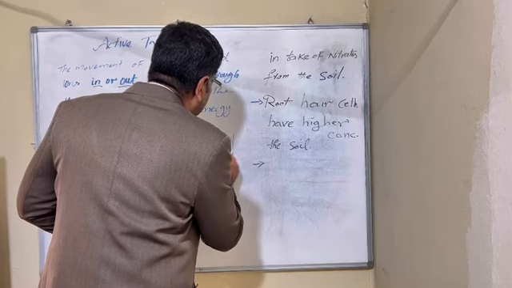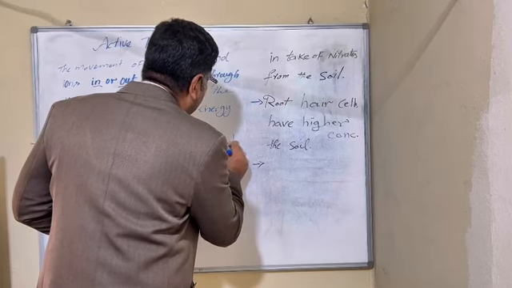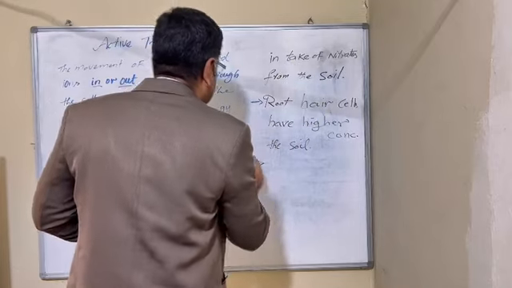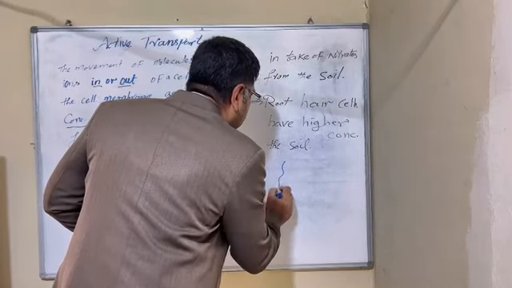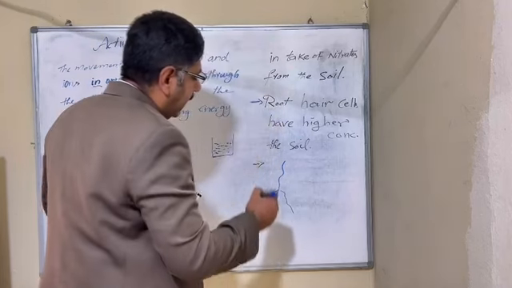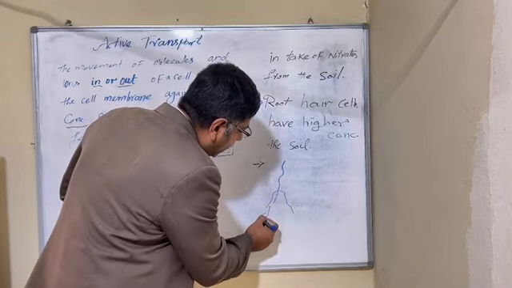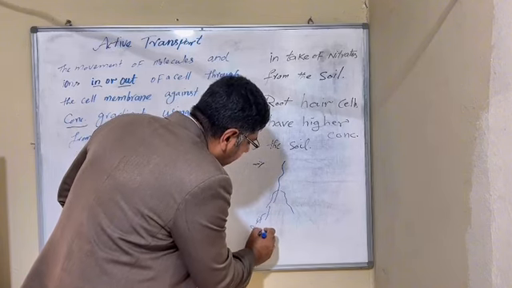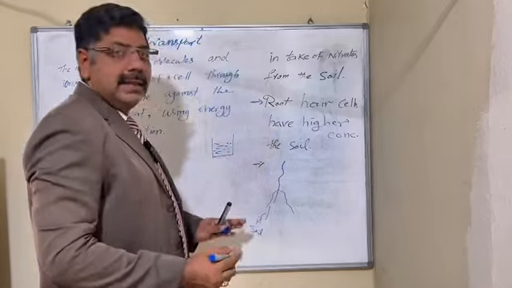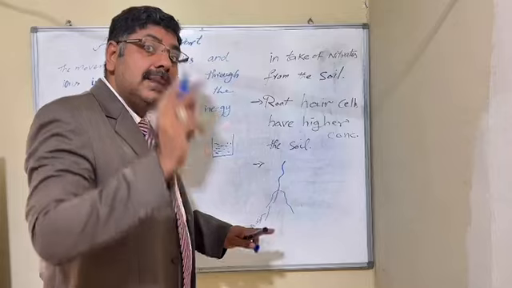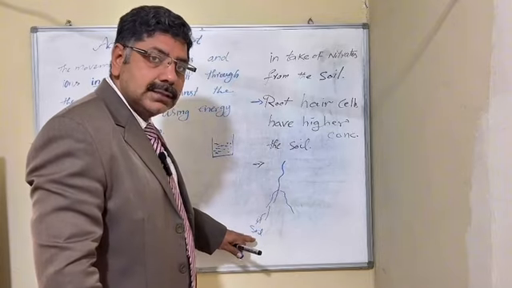We have some sort of ions, for example nitrate ions in the root hair cells. In the root hair cell, nitrate ions are more than in the soil.